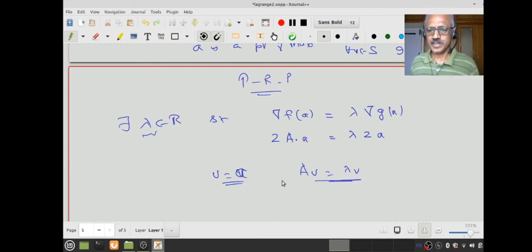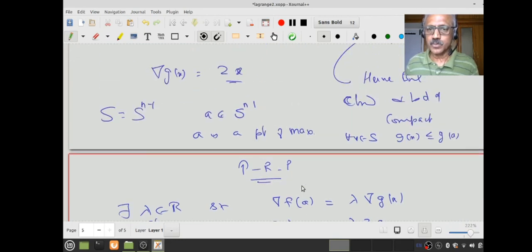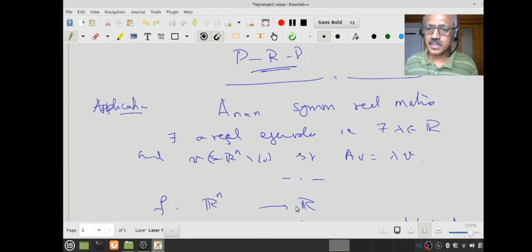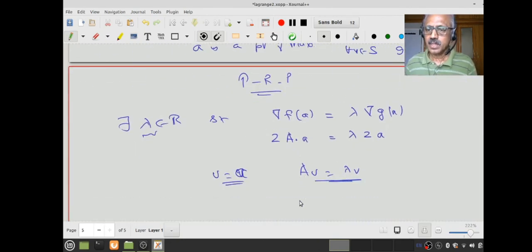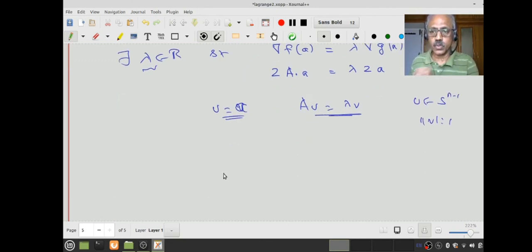And do I have any idea what this lambda is? So we found it, we proved that there exists a real eigenvalue lambda, because there is an eigenvector v, and this eigenvector v belongs to the sphere, therefore norm v will be 1. And this actually says something much more. I know what lambda is. Very easy. Look at Av dot v.